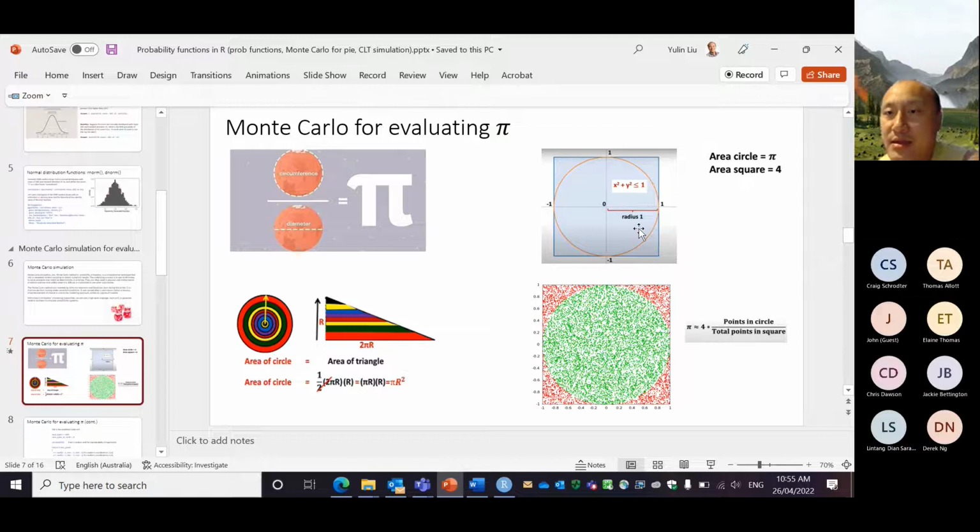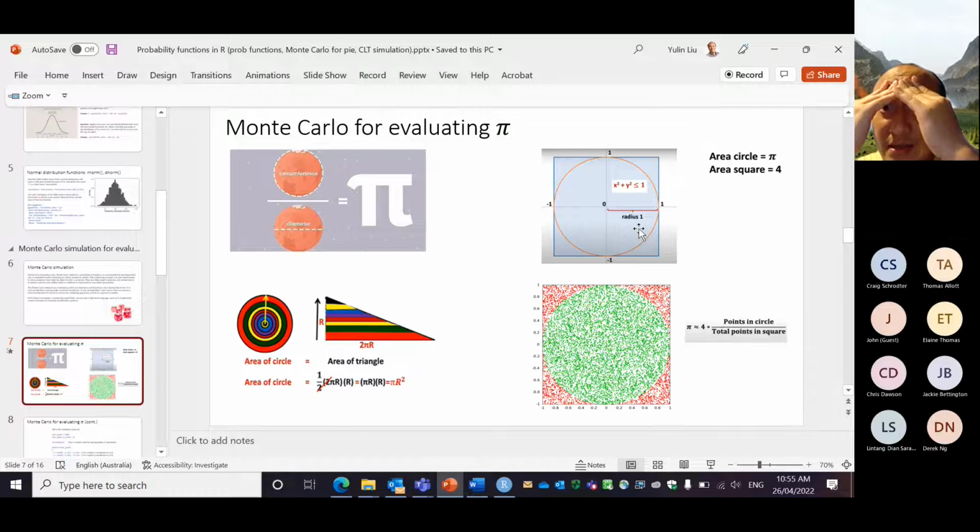And then we know that the area of the circle with the radius of 1 will be pi radius squared.